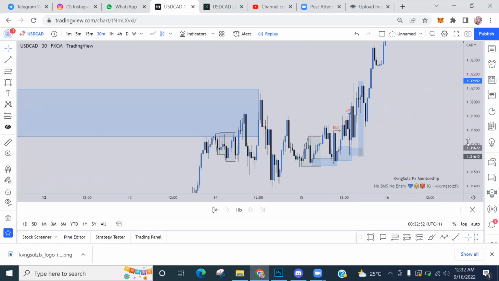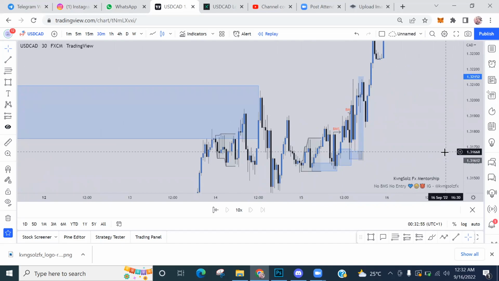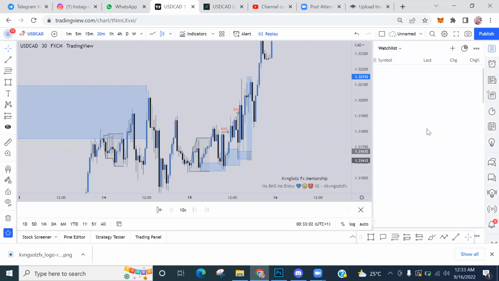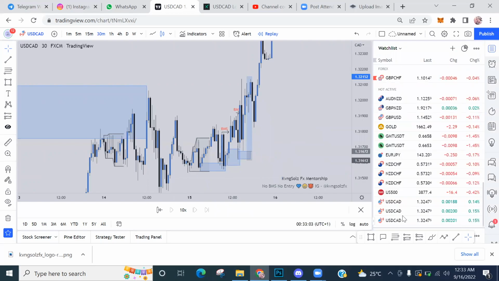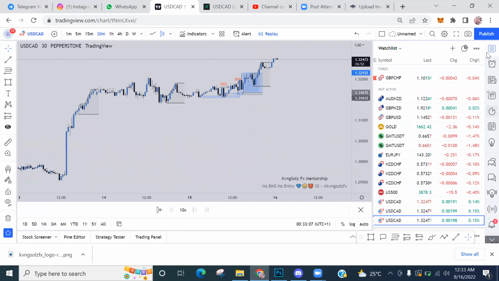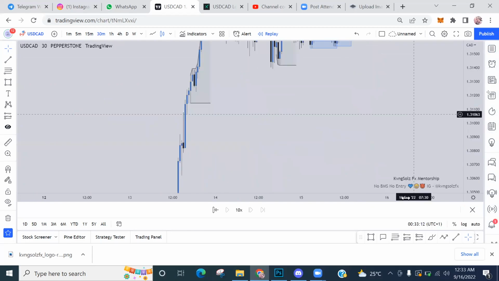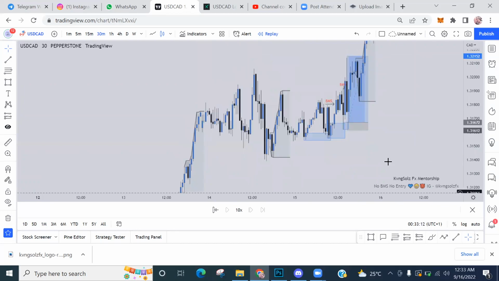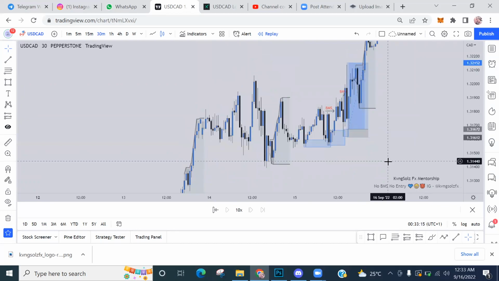Okay, where are you? Just give me a second, so I'll get the chart because I was just doing the stuff randomly. Let me see. All right. Okay, so I gave an example for the sell side.